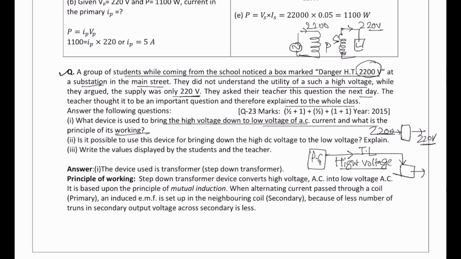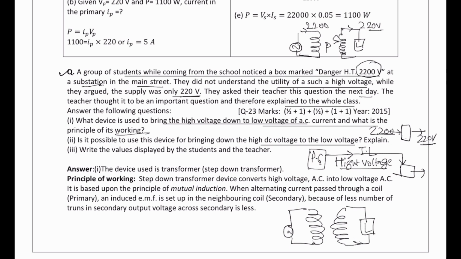Now, is it possible to use this device for bringing down high DC voltage to low DC voltage? Since the transformer works on the principle of mutual induction, and mutual induction is a phenomenon of electromagnetic induction, what do we need for electromagnetic induction?